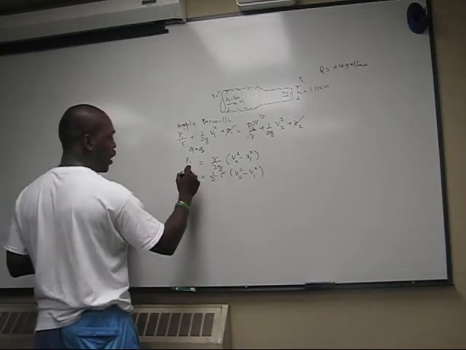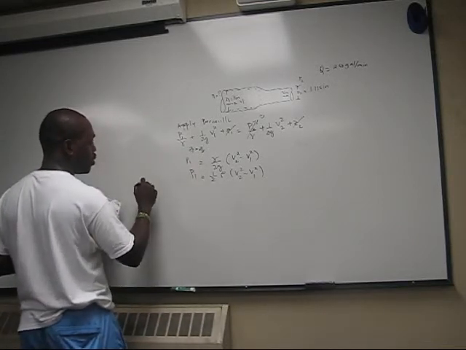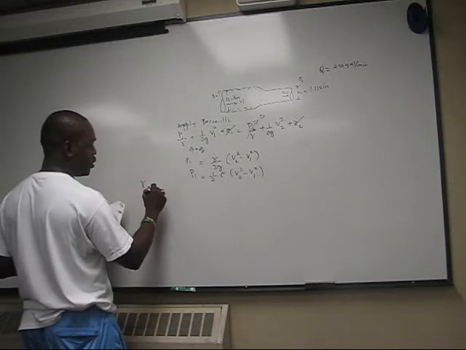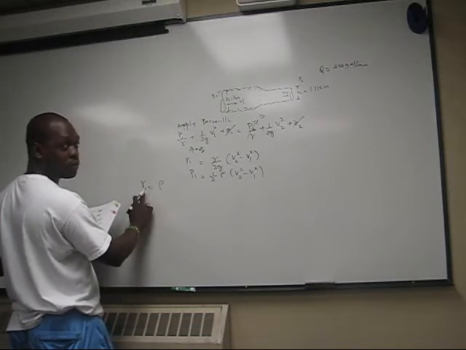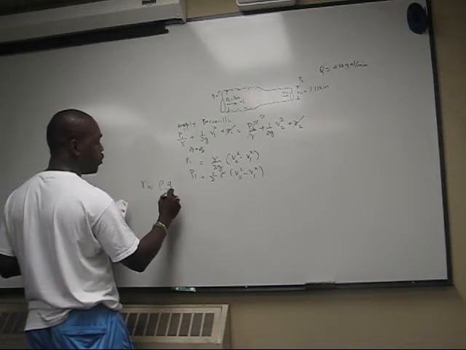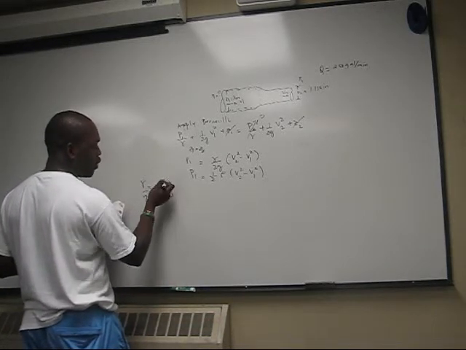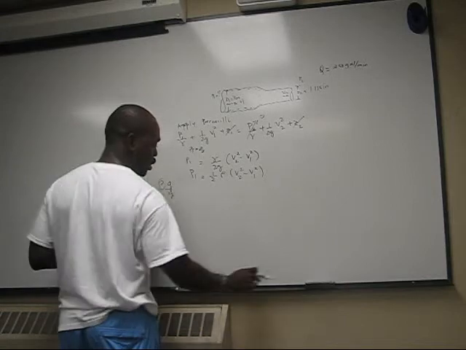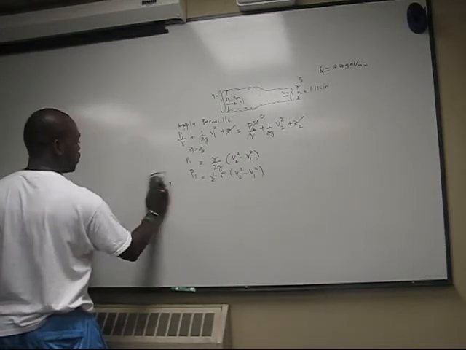I put 1/2 the density of water because the specific weight is density times g, right? If we divide both sides by g here, we have the density. That's why I put the density in place of this one.